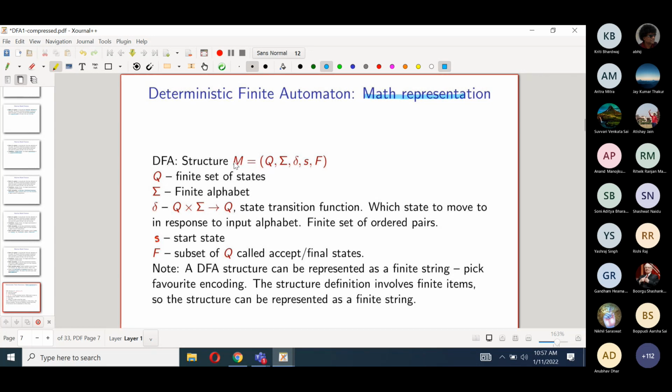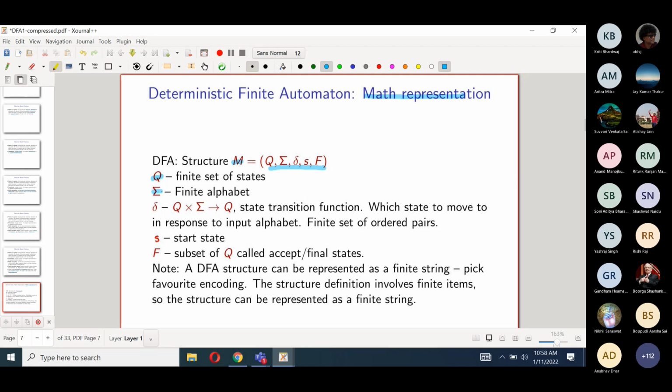You can call it M, just any generic name, which is equal to this 5 tuple. Now what are the components of this tuple? The first component is Q, which represents the finite number of states. It's a finite set, or a set which has finitely many states.